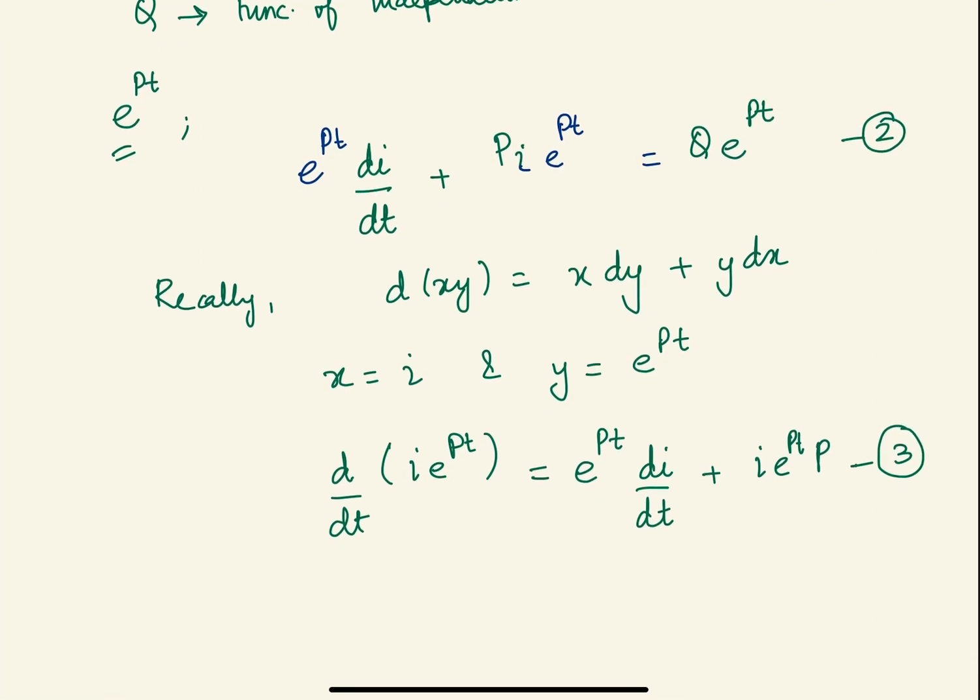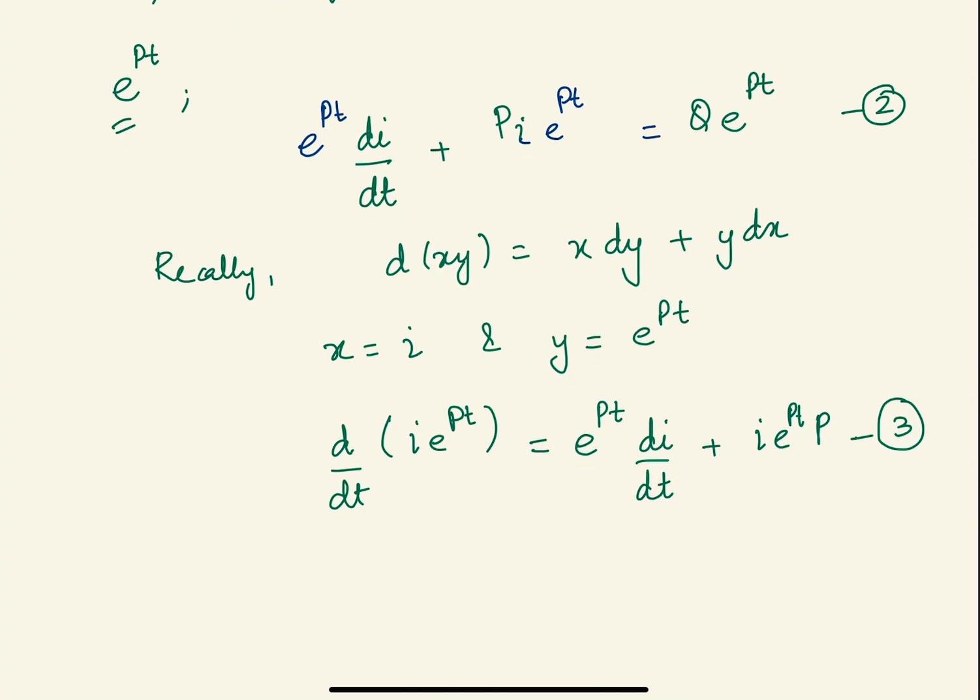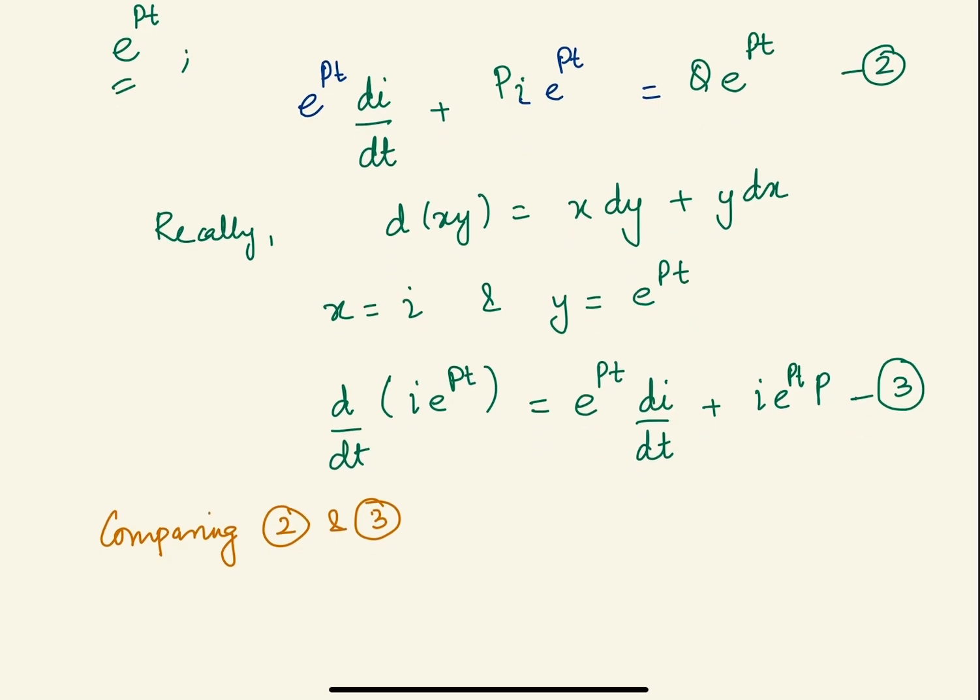Comparing equation 2 and 3, we see that d of i e to the power pt over dt is actually q e to the power pt, the right hand side of equation 2.